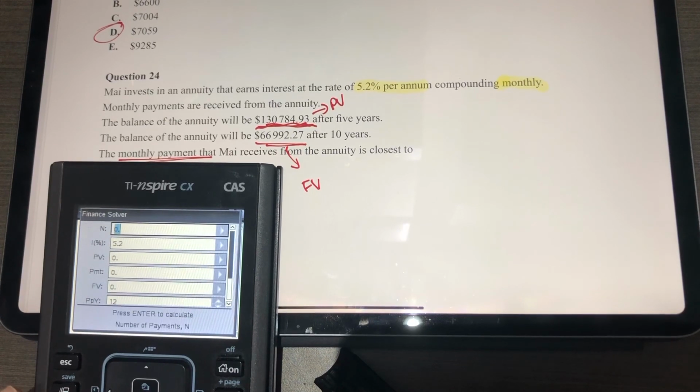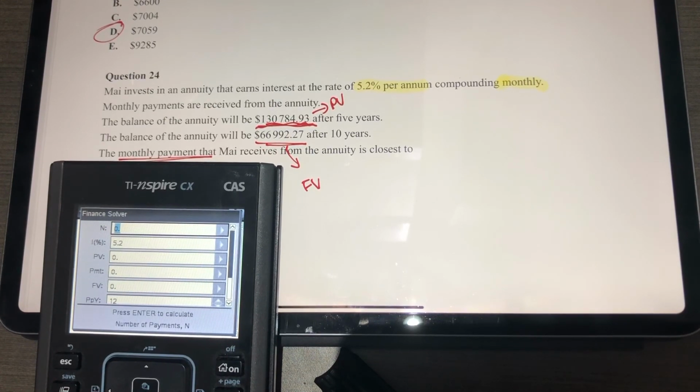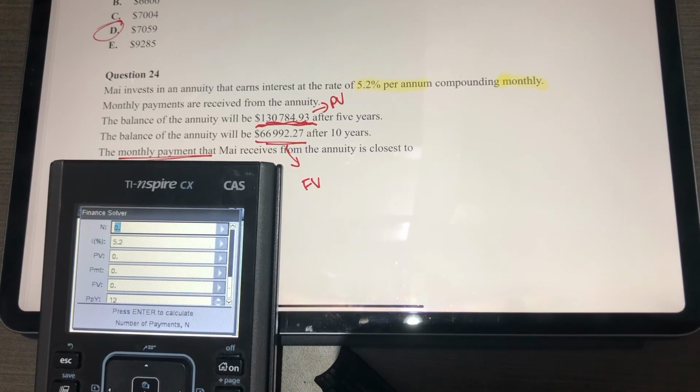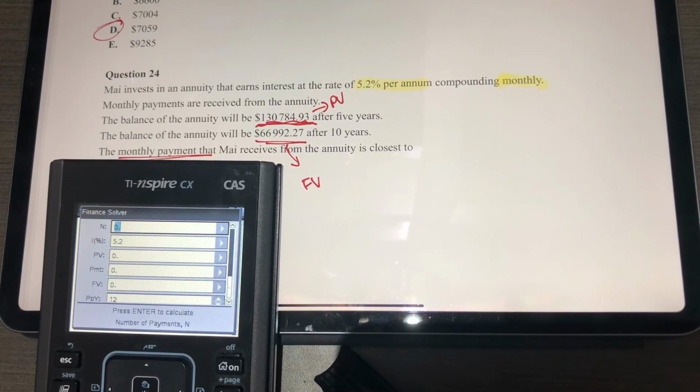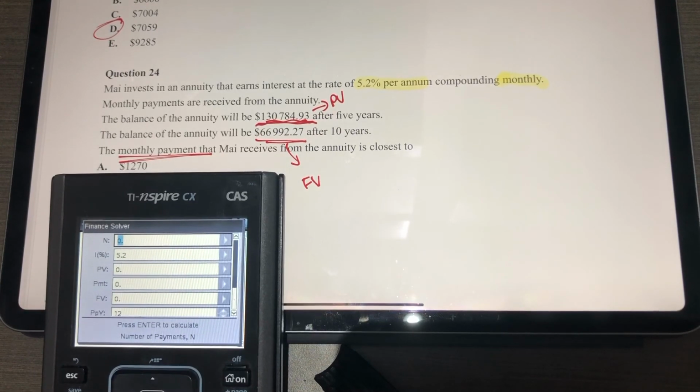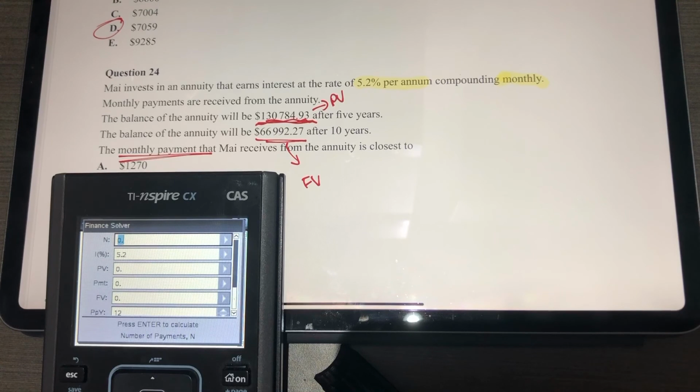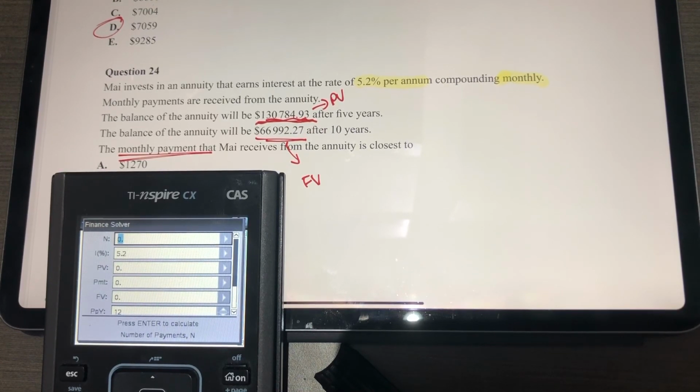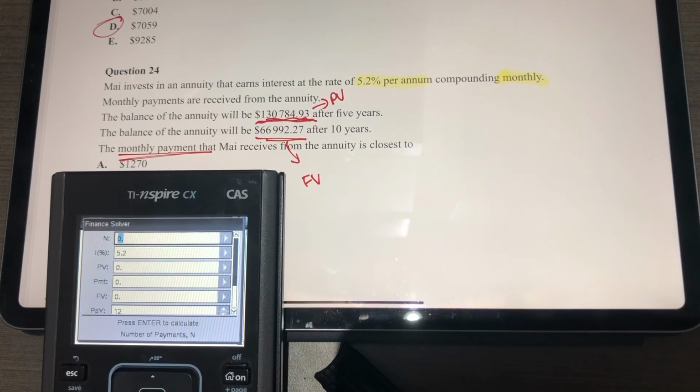and then I'm back at the top. It's saying monthly payments are received. So the thing that I should have blank is PMT, my payment, because that's what I want to know. It's saying that after 5 years, this is my present value, the 130,000. And after 10 years, I have 66,000.